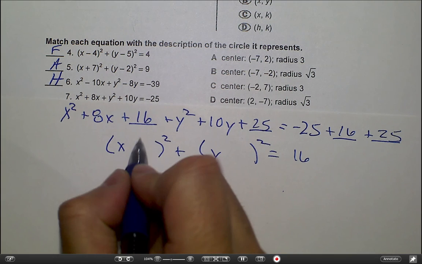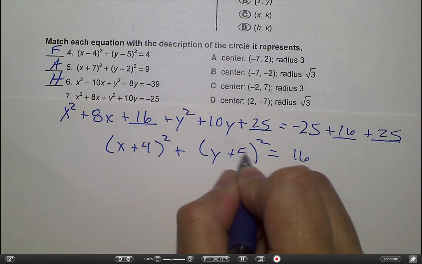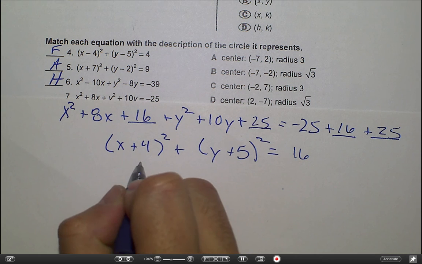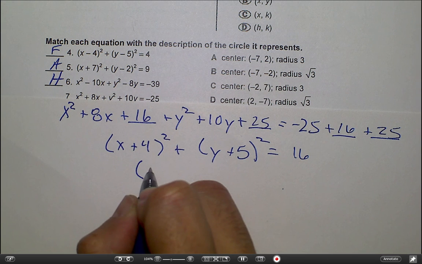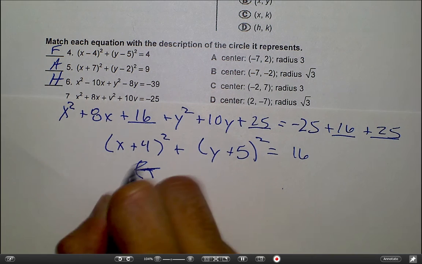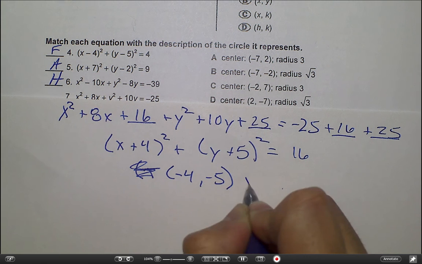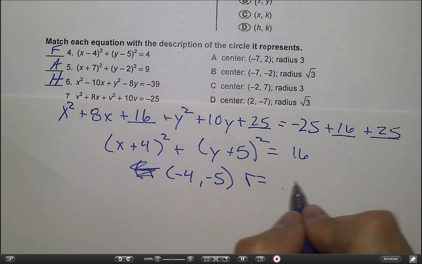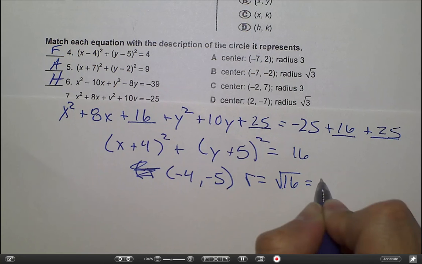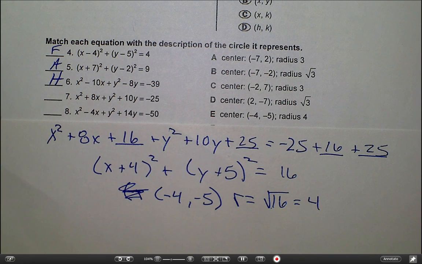It's b divided by 2, so that's plus 4. And this one's plus 5. Very good. Now my center is going to be at negative 4 and negative 5, and my radius is 4, because the square root of 16 is 4. So what letter is that going to be? E.